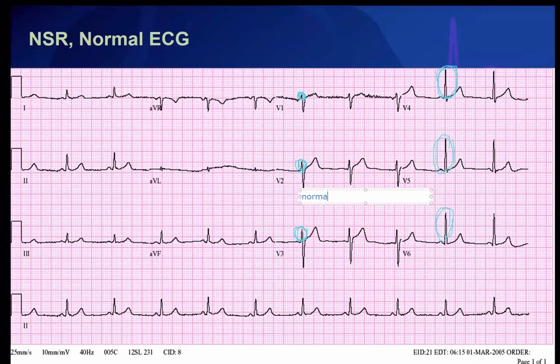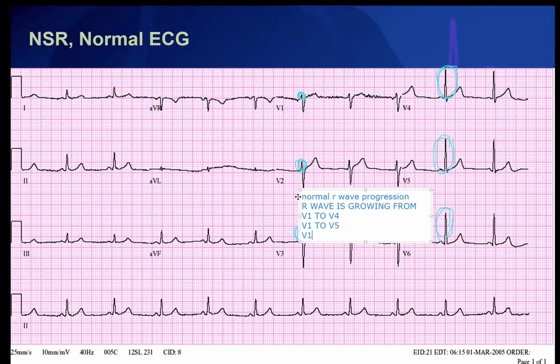By that we mean the R wave is growing from V1 to V4, or V1 to V5, or V1 to V6.